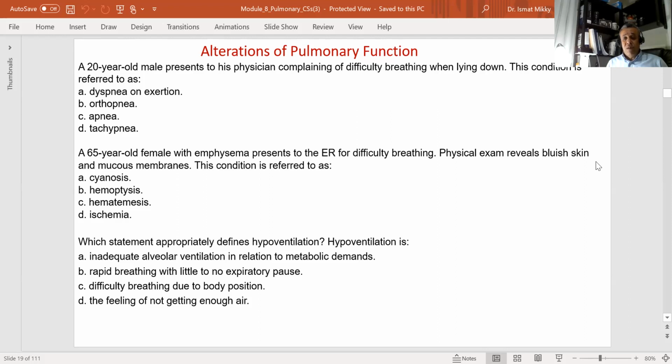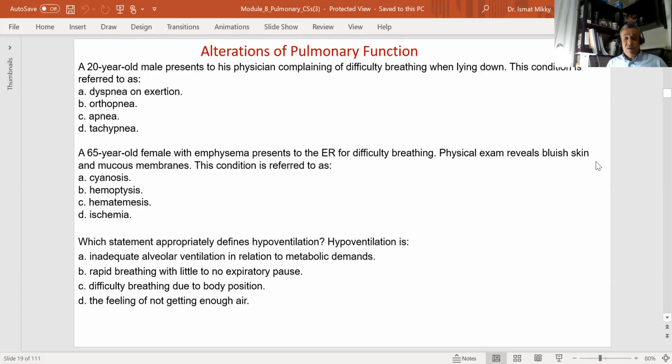Which statement appropriately defines hypoventilation? It's inadequate alveolar ventilation in relation to the metabolic demands. So inadequate alveolar ventilation in relation to the metabolic demands correctly defines hypoventilation.